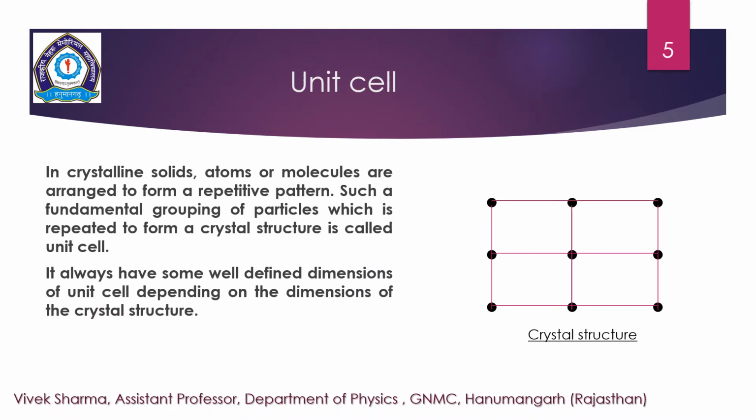Then the unit cell, which we have already discussed: in crystalline solids, atoms or molecules are arranged to form a repetitive pattern. Such a fundamental grouping of particles which is repeated to form a crystal structure is called a unit cell. So we may define the unit cell as the basic structure of atoms or molecules and their arrangement, such that repetitive application of that arrangement can produce a proper crystal lattice.